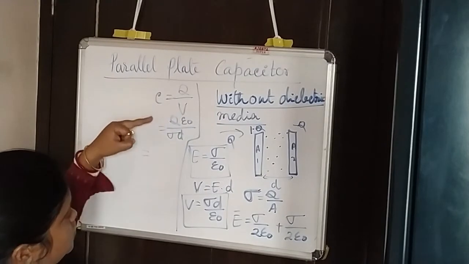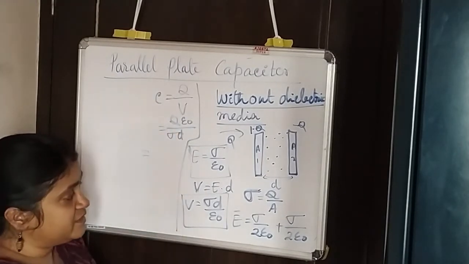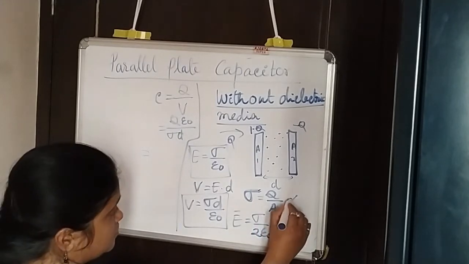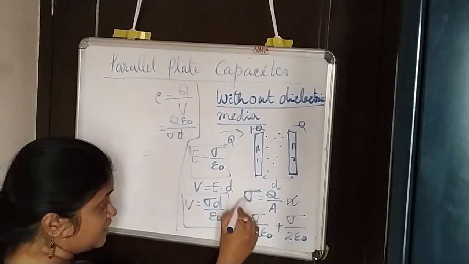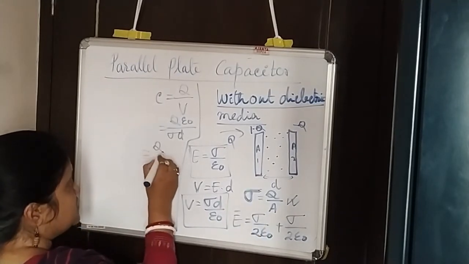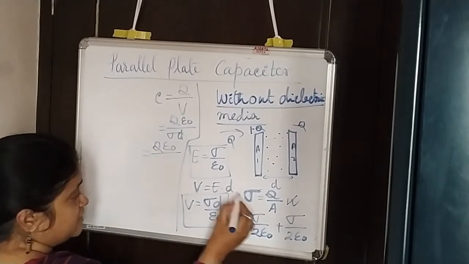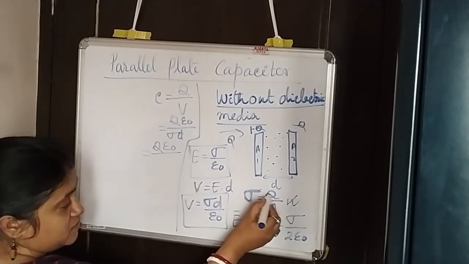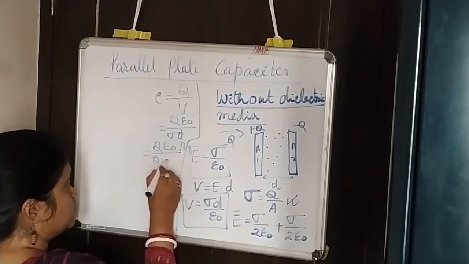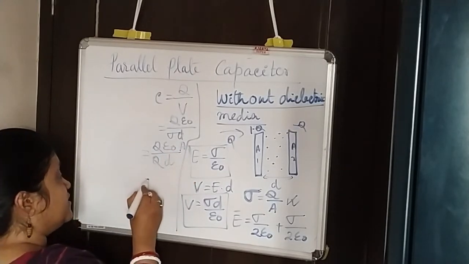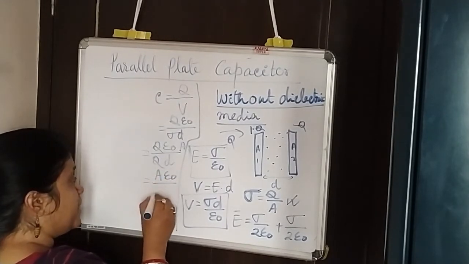So this expression becomes Q epsilon naught by sigma d. Now substituting for sigma, in place of sigma we put Q by A. So Q cancels, A goes up, into d. And therefore the final expression becomes A epsilon naught by d.